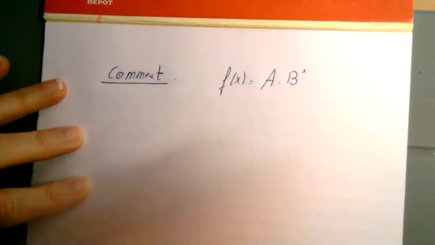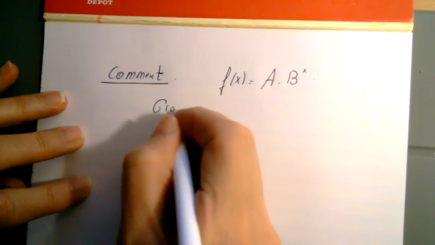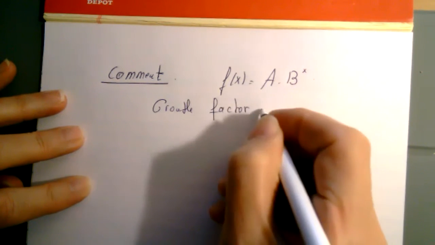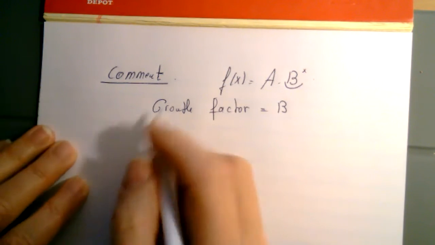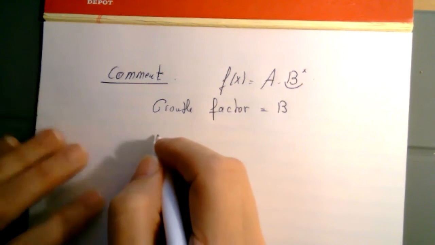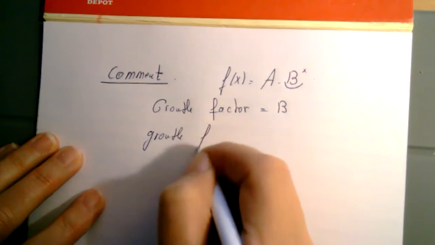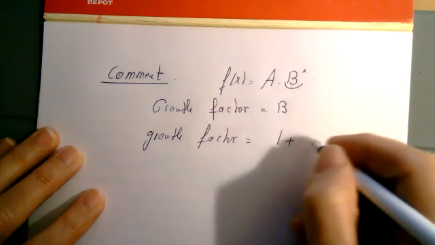So if y is A times B to the x, the B is the growth factor. The relationship between growth factor and growth rate is the following. The growth factor is 1 plus the growth rate.